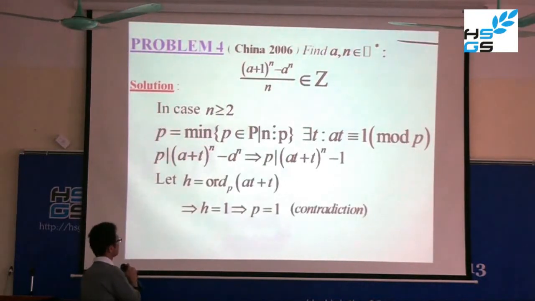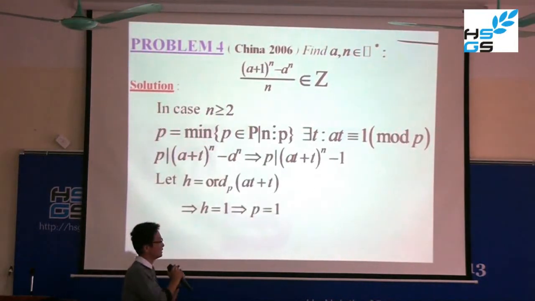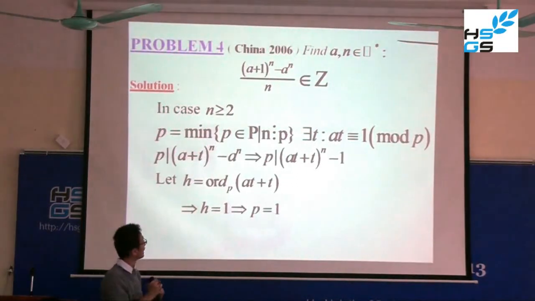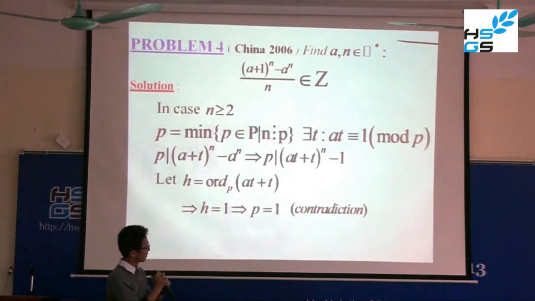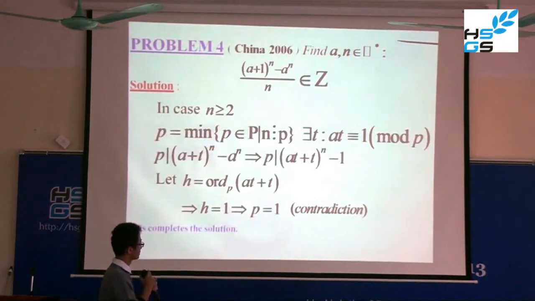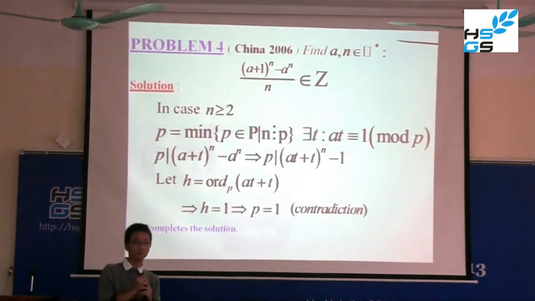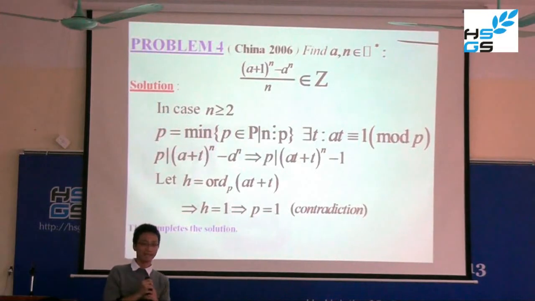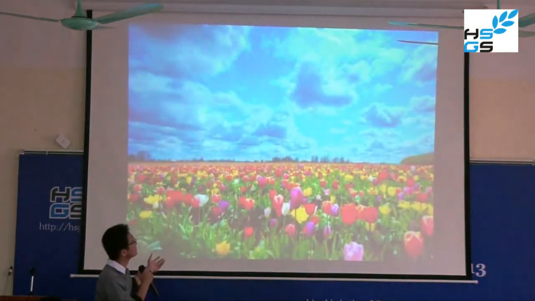That is the order of A to the T plus T mod P, and hence we will deduce that f equals 1. And finally, we get P equals 1. We come to our desirable contradiction. This completes the solution. We've gone through 4 problems and can see that arithmetic is just as beautiful.